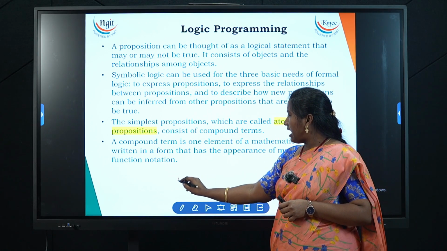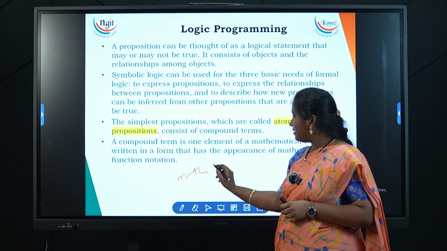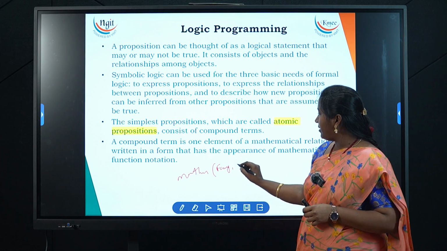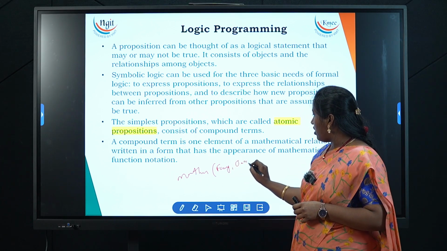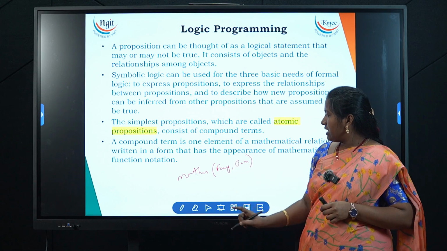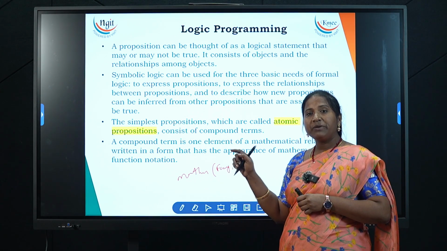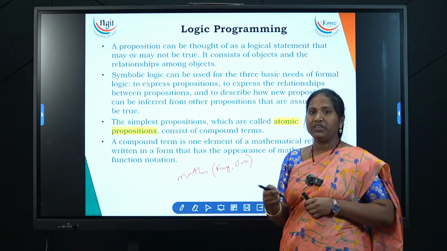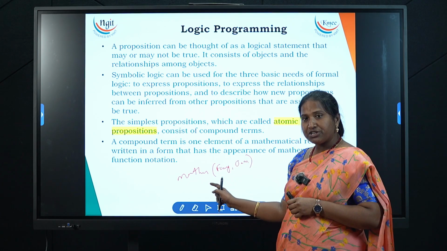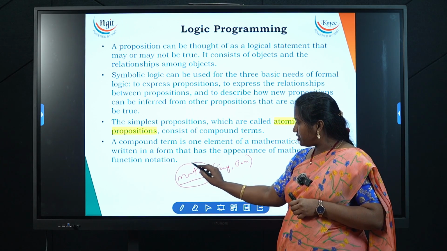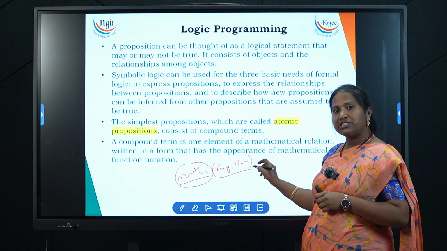Let's say mother, Ferry, Jom. Now, this is a proposition I have made. This proposition will have parameters and a relationship. The relationship here is mother. Whatever you write over here is a relationship, and whatever you write over here is a parameter.